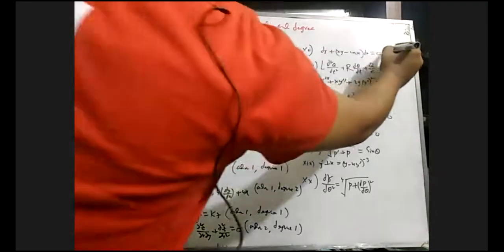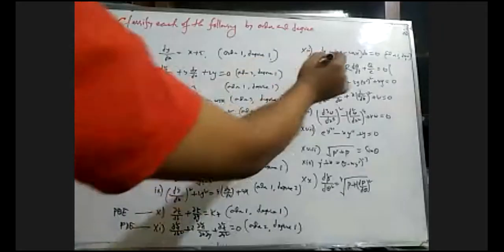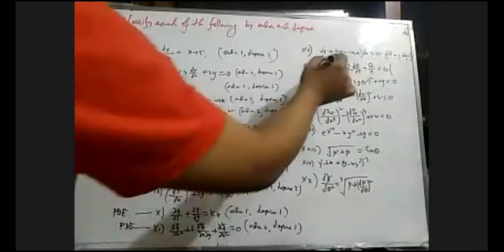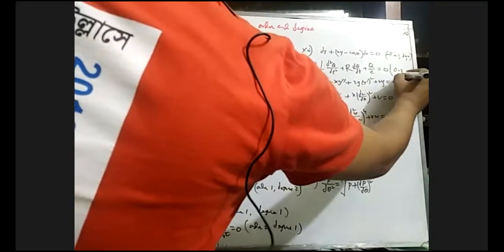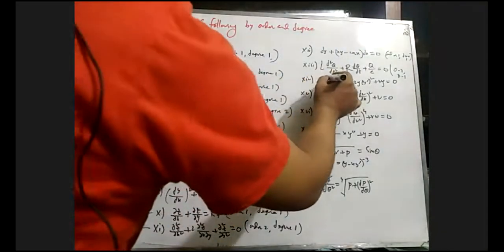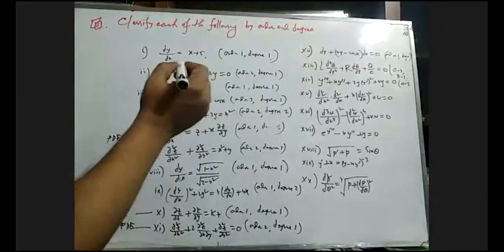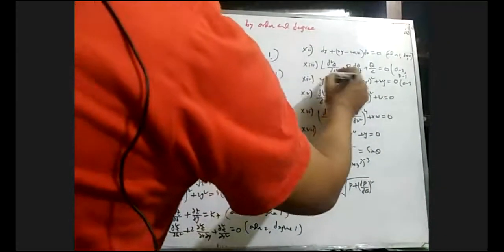Here the highest derivative is 2, so order will be 2 and degree 1, because highest power 1. In the third one, the highest derivative is 3. This is why order will be 3, and degree will be 1 because highest power will be 1.